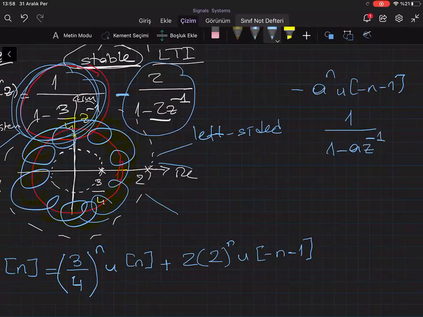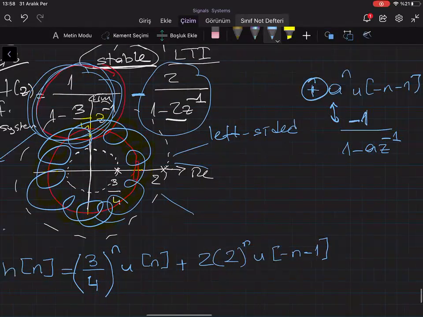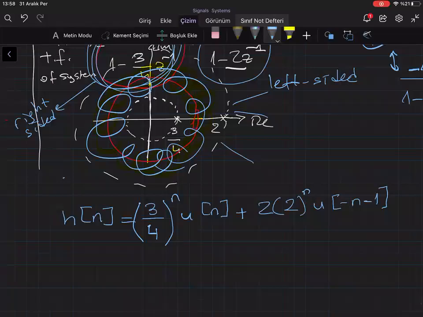If this is minus, this should be plus. So now my h of n, if it is a stable system, should be right-sided on this side and left-sided on this side. Are we following?